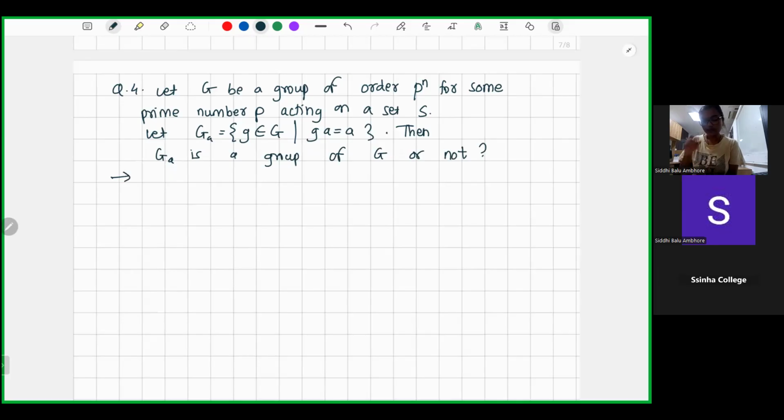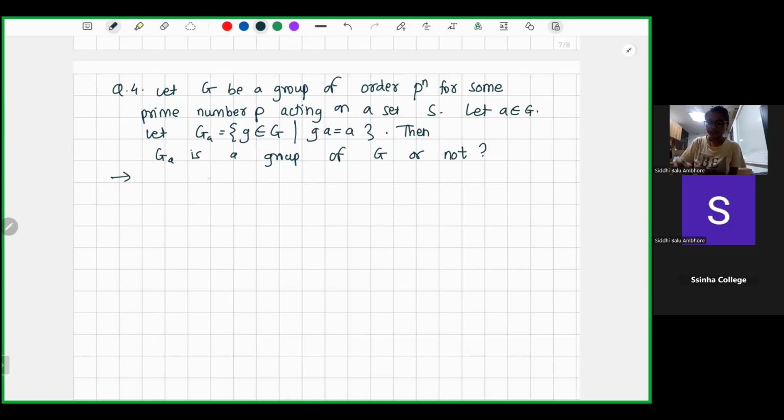This is the question: G is a group of order p^n for some prime number p acting on the set S. Then we have to check, for A in S, whether this G_A, defined like this, is a group or not. And for this, we do not even need the order of G. Let us just first prove that.